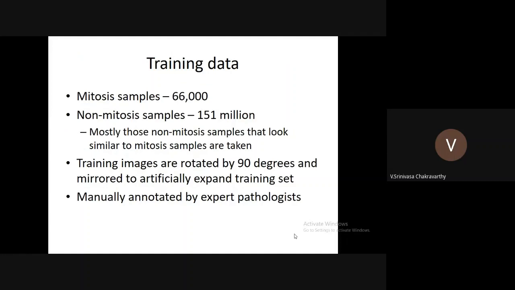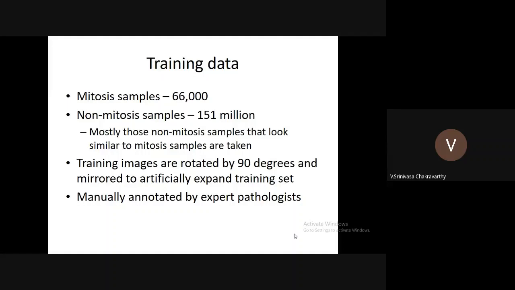For this, they have taken 66,000 images, and there are 6,000 occurrences of mitosis, and the non-mitotic samples number 151 million. So it's a highly skewed data set with only a very small number from the class of interest, and non-class examples are very high.